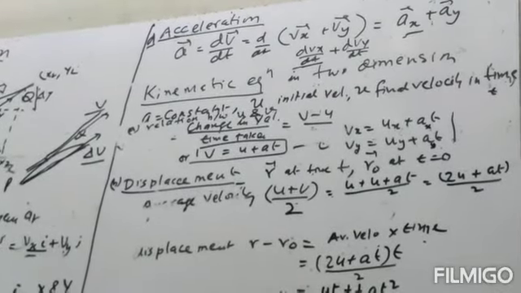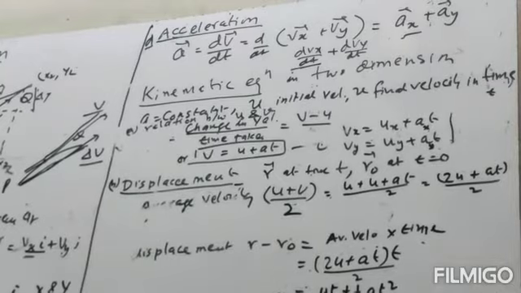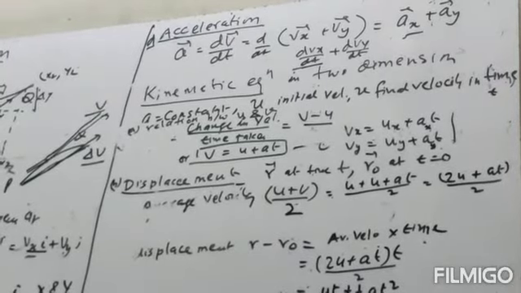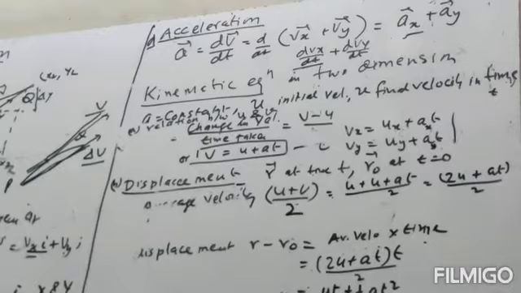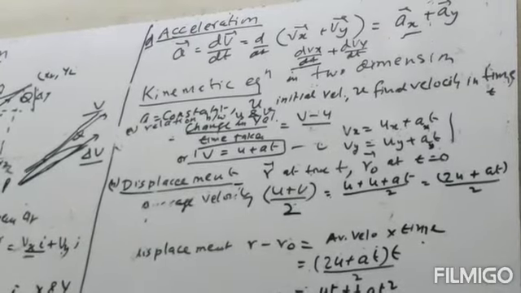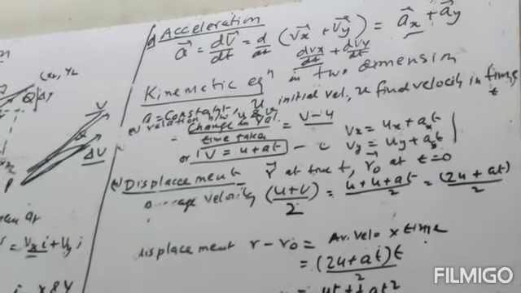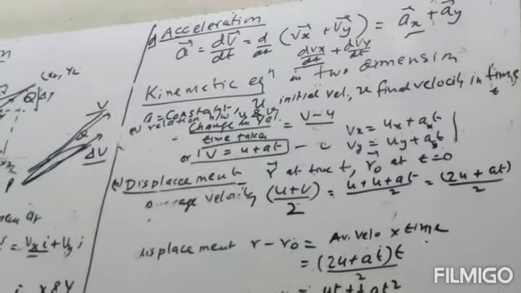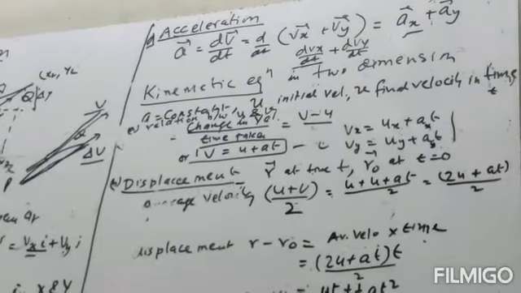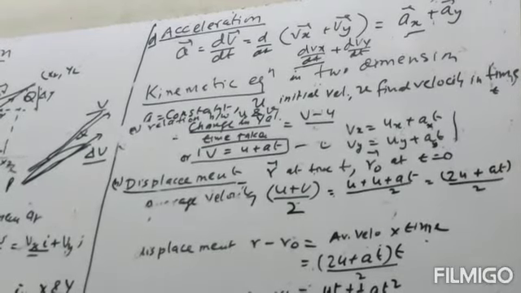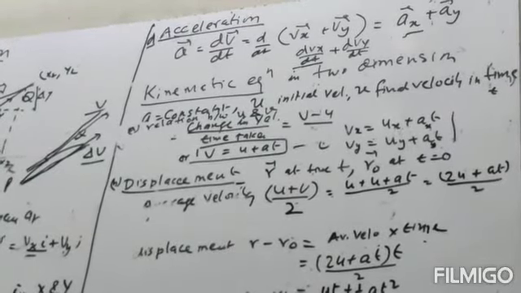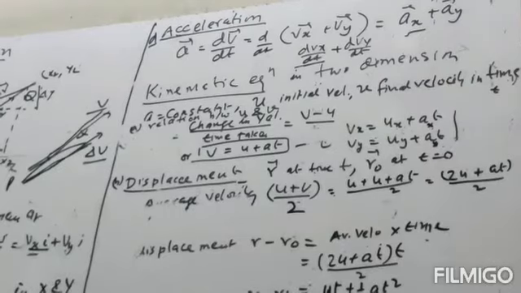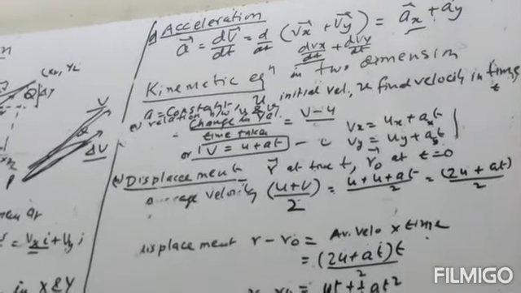of the quantities. So total acceleration will be equal to acceleration in the x direction plus acceleration in y direction. Total instantaneous velocity will be equal to vx plus vy. Total displacement will be equal to displacement in x direction plus displacement in the y direction.